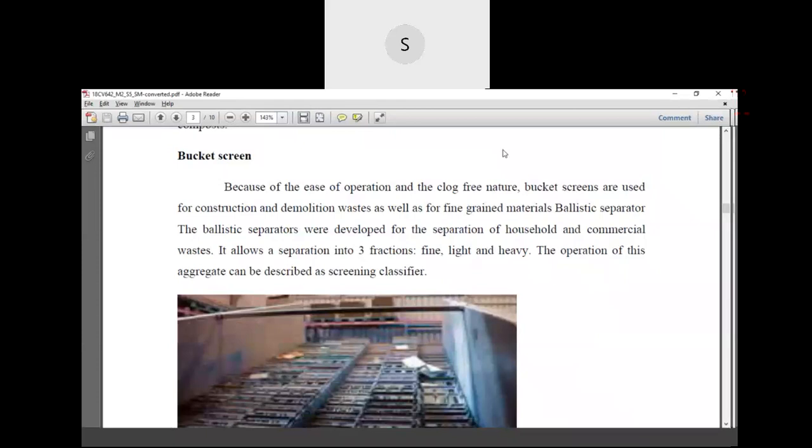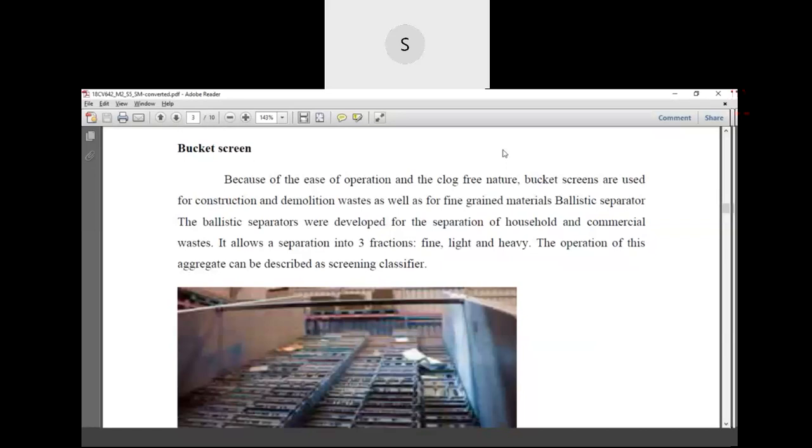Another one is the ballistic separator. This was developed for the separation of household and commercial waste. It allows a separation of three fractions, that is light, fine, and heavy fractions. The operation of these aggregates can be described as a screening classifier.